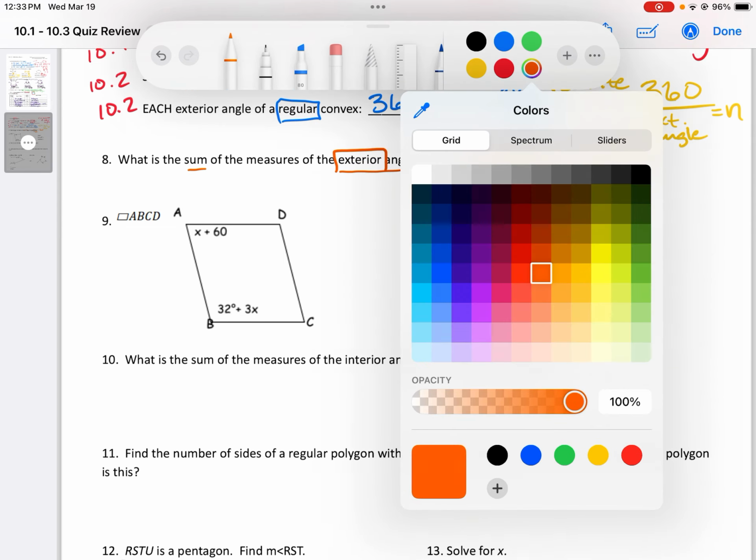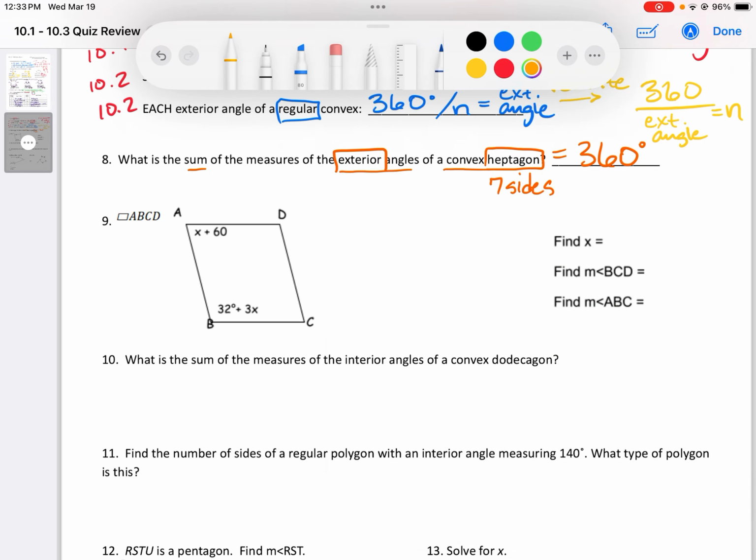All right. Moving on to question number 9, we're looking at a parallelogram. So there's a lot of information about a parallelogram that we should know. We should know that its opposite sides are parallel. We should also know that its opposite sides are congruent.